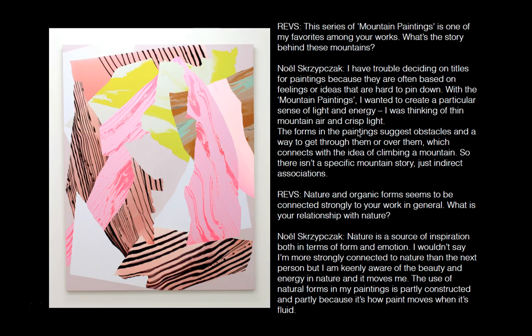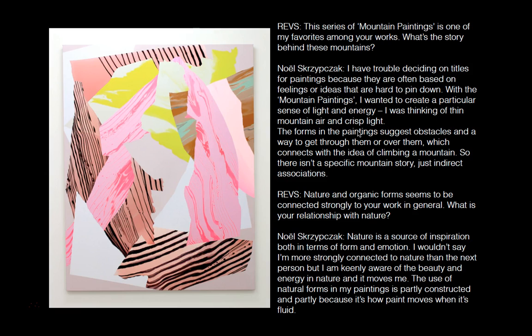So he wants to create a particular sense of light and energy, thinking of thin mountain air and crisp light. So his initial idea was light and energy, but thinking of something tangible, the mountain air, the crisp light. And they suggest obstacles and a way to get through them or over them. So all of that's within this story.